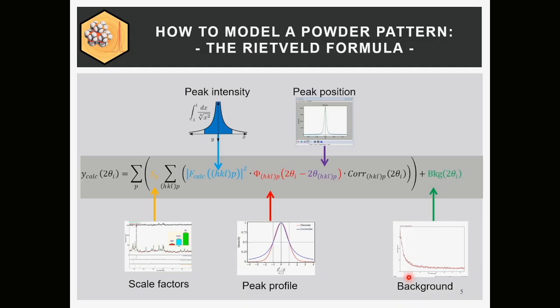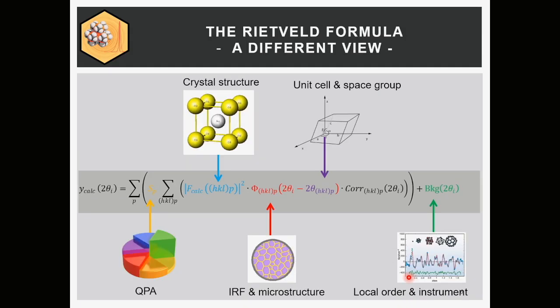Okay, the same figure again, also as a scheme. Just to tell you again, this part here is actually the crystal structure, what we want to refine. This part here, the 2 theta HKL of the phase P, is the position which comes from the unit cell and space group.